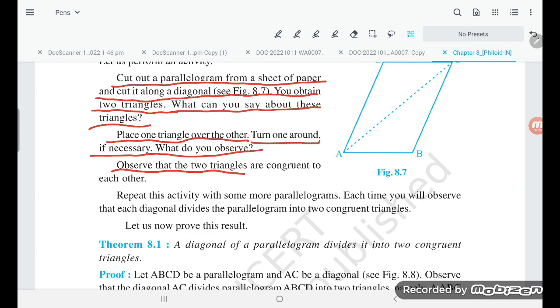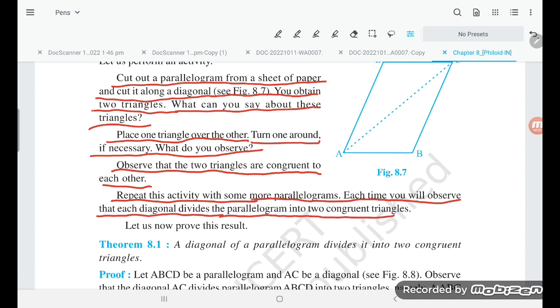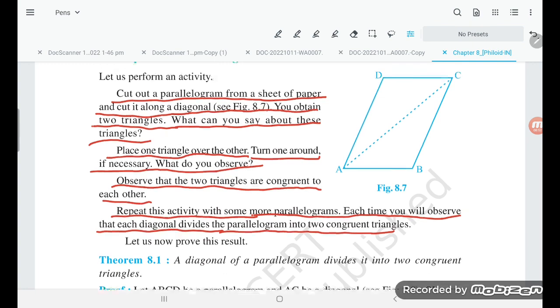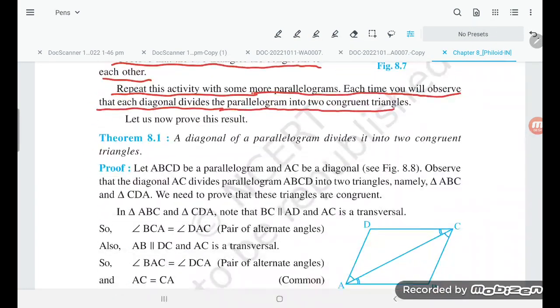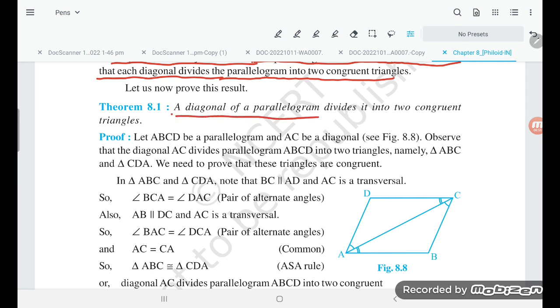Observe that the two triangles are congruent to each other. Repeat this activity with some more parallelograms. Each time you will observe that each diagonal divides the parallelogram into two congruent triangles. So a diagonal of a parallelogram divides it into two congruent triangles. This is the first one.